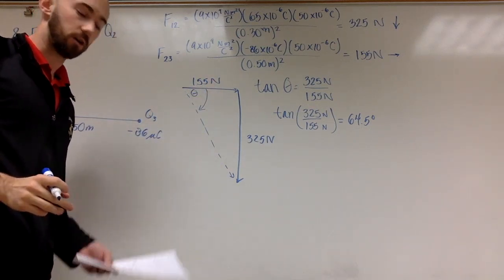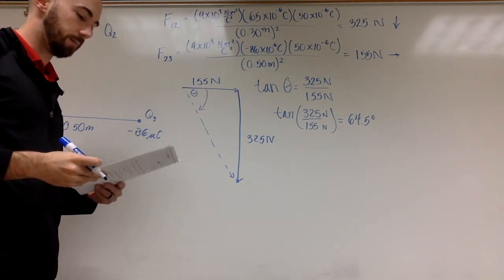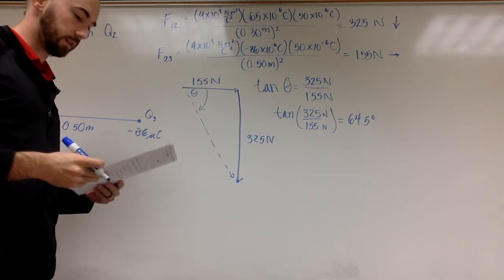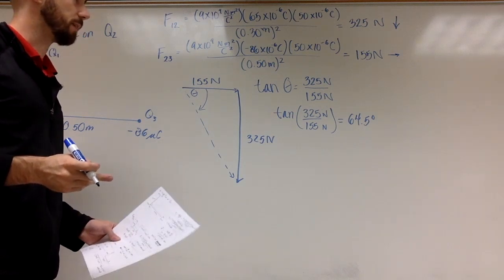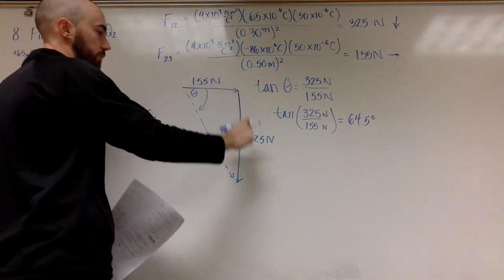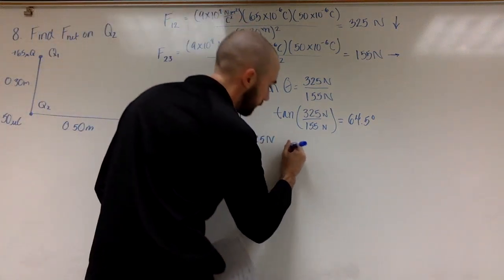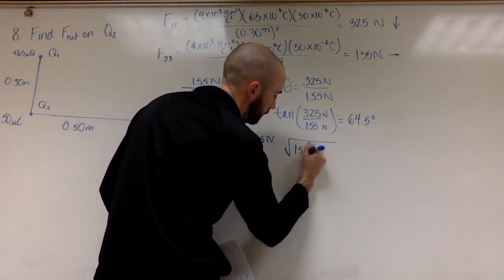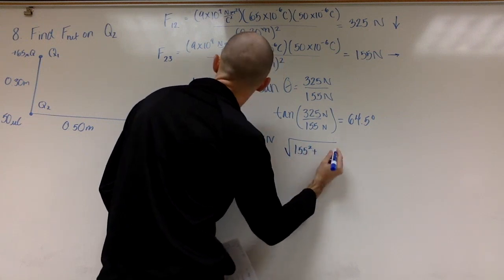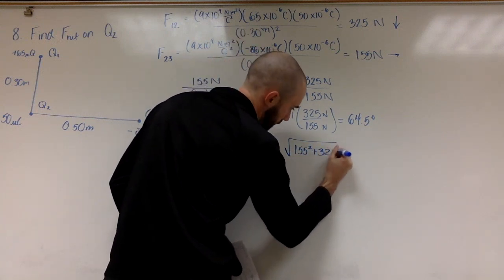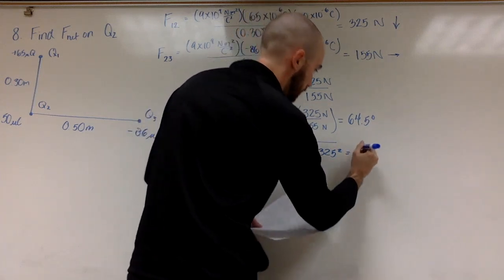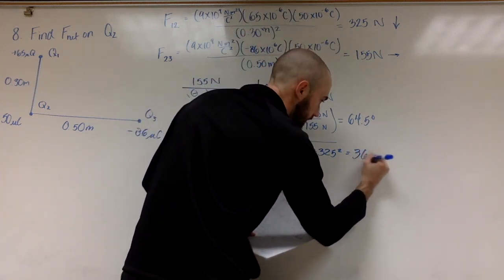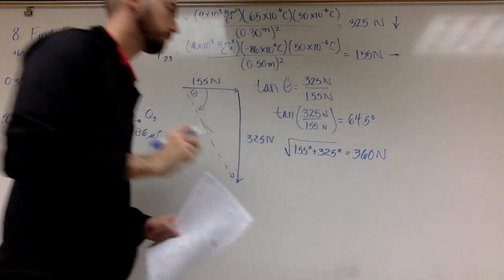Next thing we need to do is find out our resultant force. And to do that, I need to do the Pythagorean theorem. So a squared plus b squared equals c squared. Square root of 155 squared plus 325 squared equals 360 newtons.